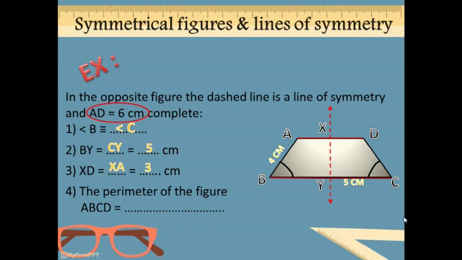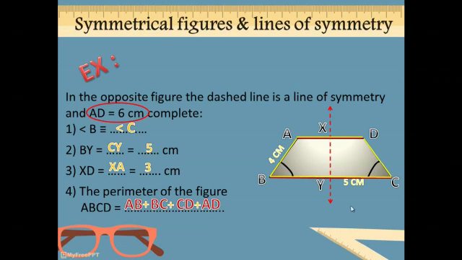Thus, the perimeter of the figure ABCD is equal to the sum of AB length plus BC length plus CD length and AD length. Okay, let's now substitute. AB is equal what?